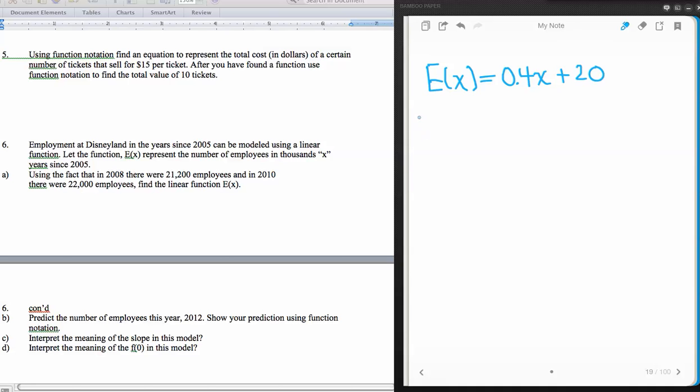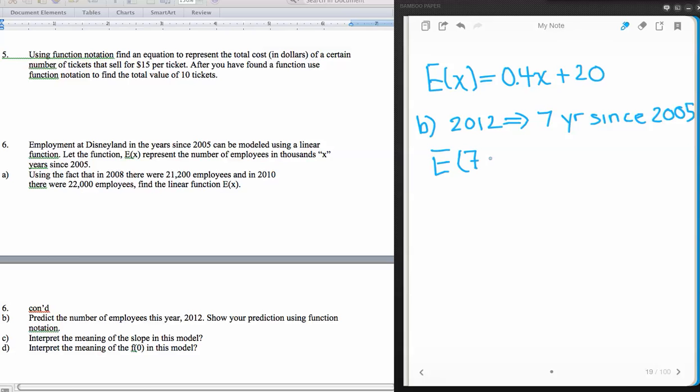So part B says, predict the number of employees in the year 2012. So 2012, the first thing that we have to figure out is how many years since 2005. Well, that's 7 years since 2005. So what we're being asked to find here is E of 7.